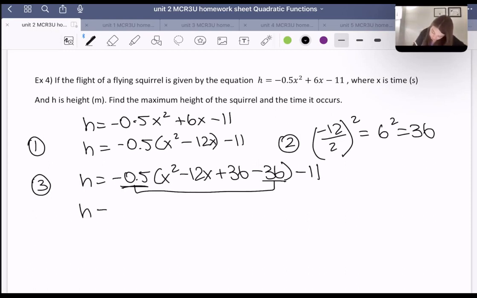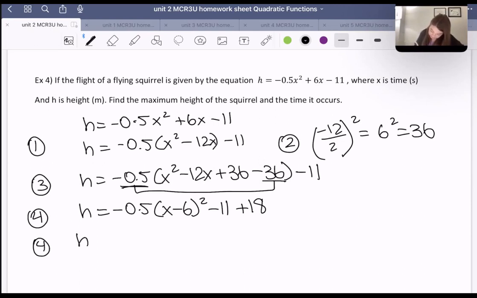So then we're going to do step 4, which is to collect like terms and also to factor the first 3 terms in our brackets. So we still have negative 0.5 out here. Then we have x minus 6 squared. And then we have minus 11, and we also have minus 36 times negative 0.5, which is plus 18. I guess this is still step 4 because I didn't actually combine like terms. I just wrote out what the like terms are that we need to combine.